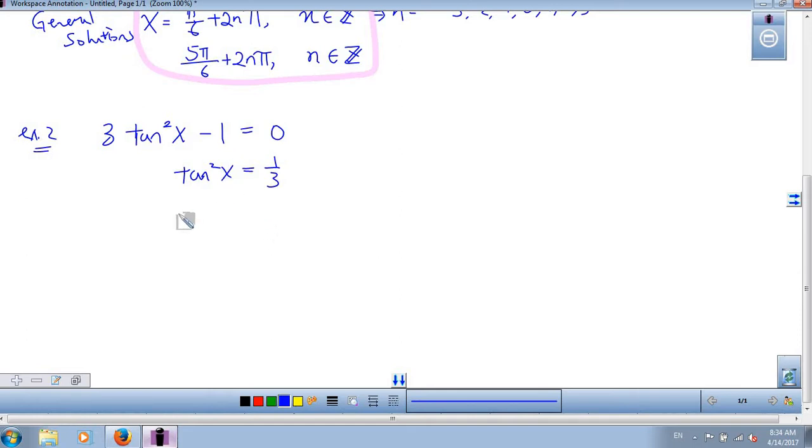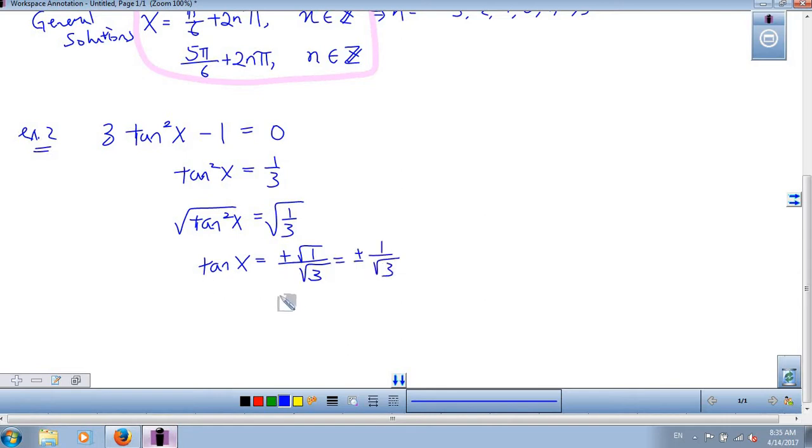Then we take the square root on both sides of the equation, so we can get tangent x. Now when we take a square root, you remember there are always how many roots? There are always 2 roots, so it's plus or minus the square root of 1 over the square root of 3. That's the same as plus or minus 1 over square root of 3.